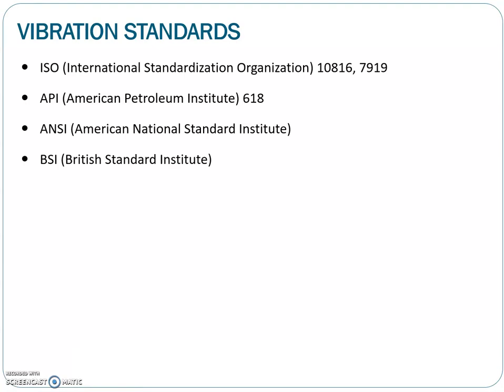Organizations or institutes like ISO, International Standardization Organization, API, American Petroleum Institute, ANSI, American National Standards Institute, and BSI, British Standards Institute, are those bodies that come out with different standards for different applications. These standards are usually internationally recognized and used as a reference or benchmark for certain areas.